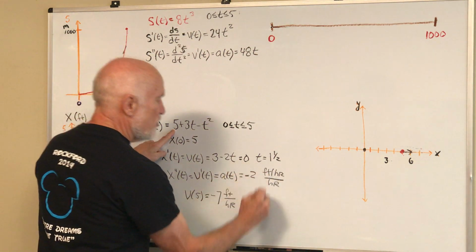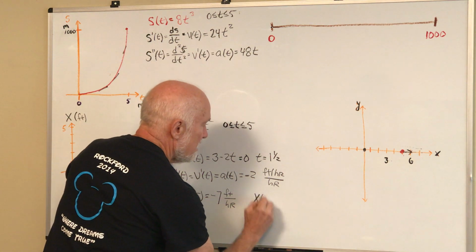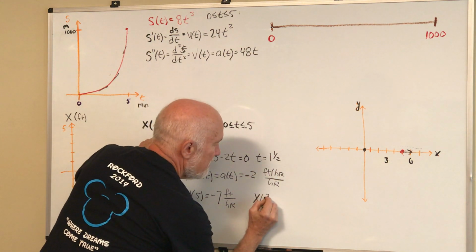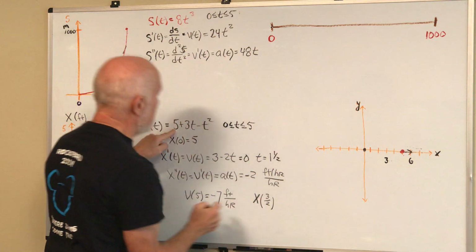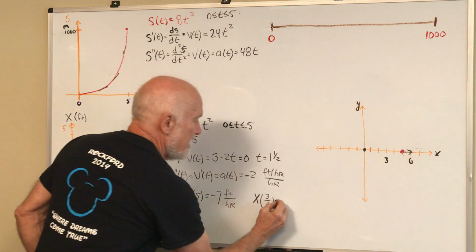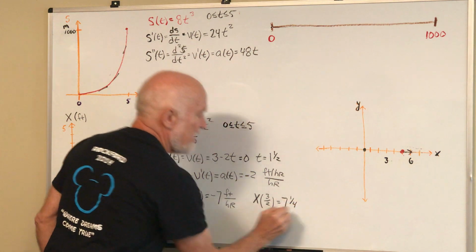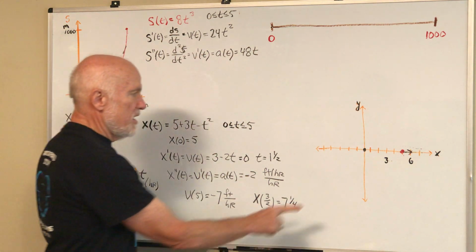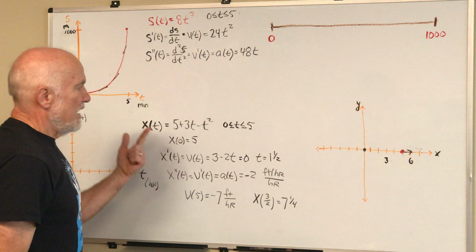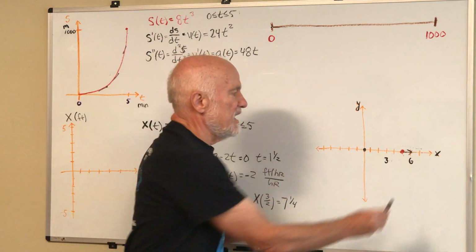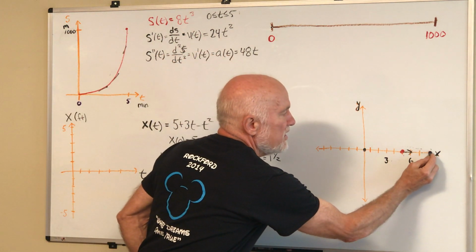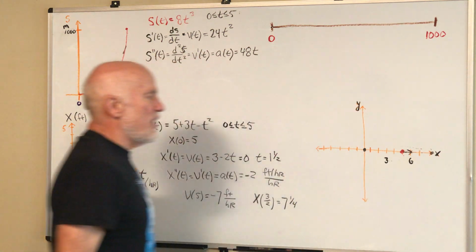At this time it turns around, we could put 1.5 into the position equation. I did this on the calculator, and it turns out to be 7 1/4 on the x-axis. So it would get up to right about here, and then it would turn around.